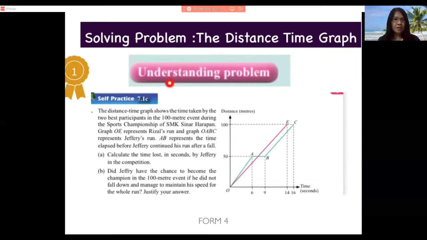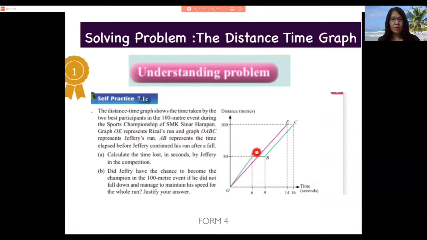The distance-time graph shows the time taken by the two best participants in the 100-meter event during the sports championship of SMK Sinar Harapan. Graph OE, the pink one, represents Reszul's run, and graph OABC, the green one, represents Jeffrey's run.